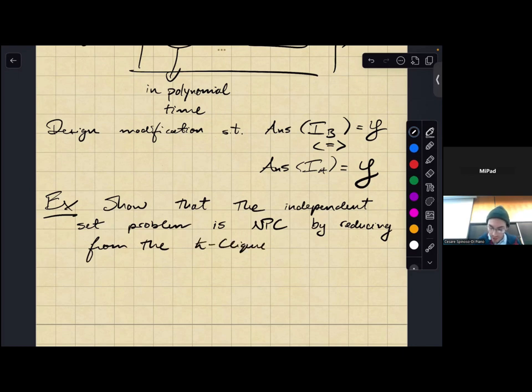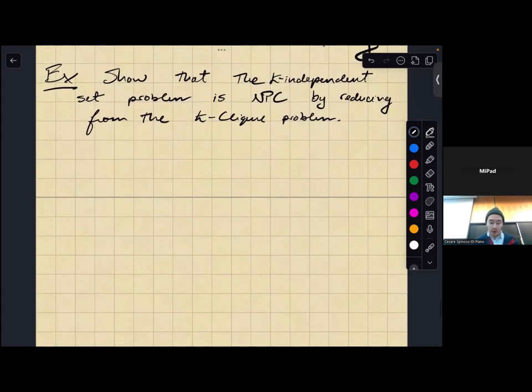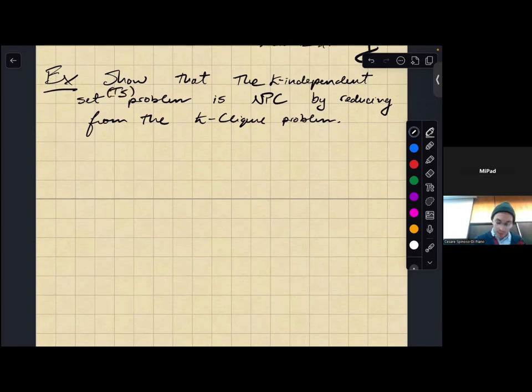I guess it's K independent set. Okay. So maybe not everyone knows what these two problems are. So I'll just write IS for short for independent set and CLQ for short for clique.